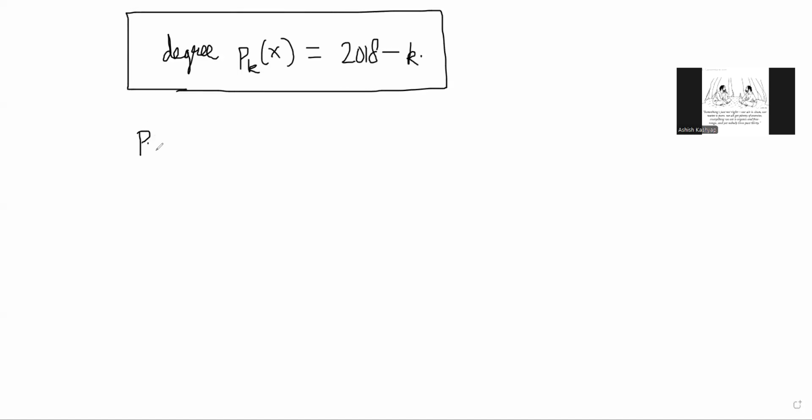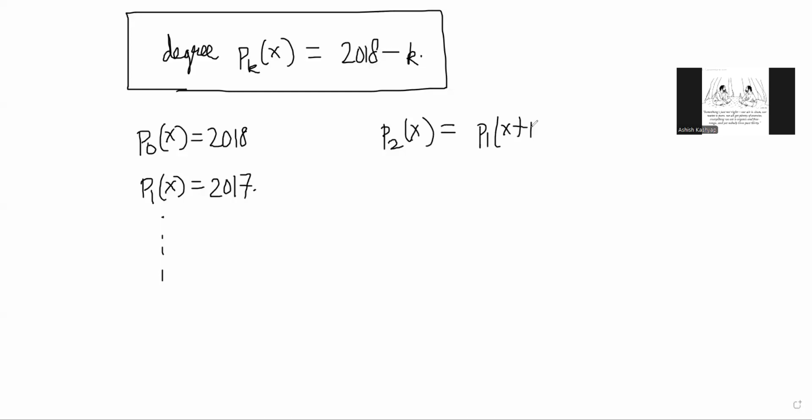You have to convince yourself that even if you do P2 of x, it will have degree 2016. You can show that easily. You have to try and do it yourself. Okay. I hope everyone is understanding so far what I'm saying.